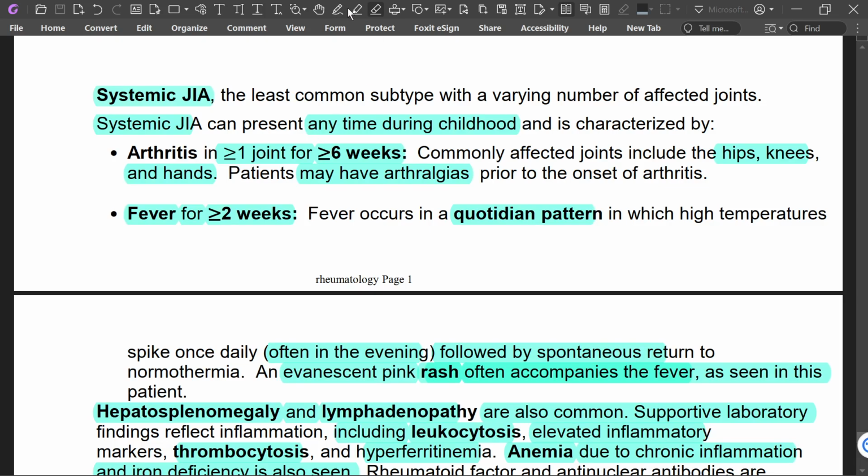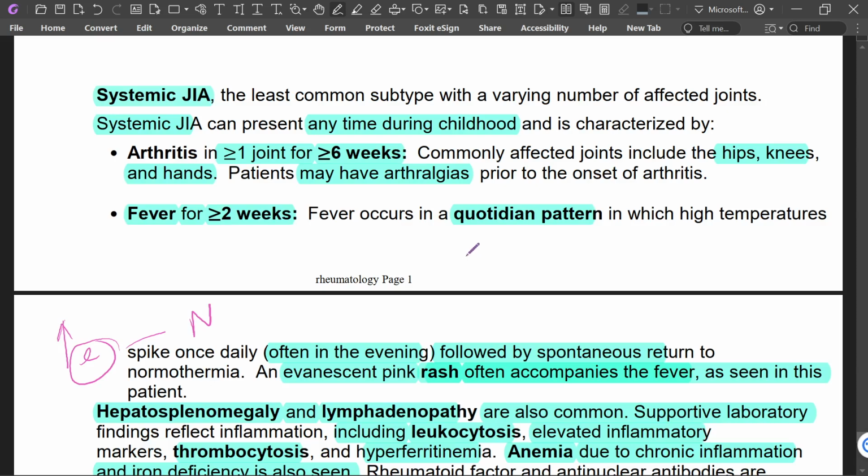So the patient may have arthralgia prior to the onset of the arthritis, and fever for 2 weeks, which is quotidian in nature, in which high temperature spikes once daily, in the evening, followed by spontaneous return to normothermia.